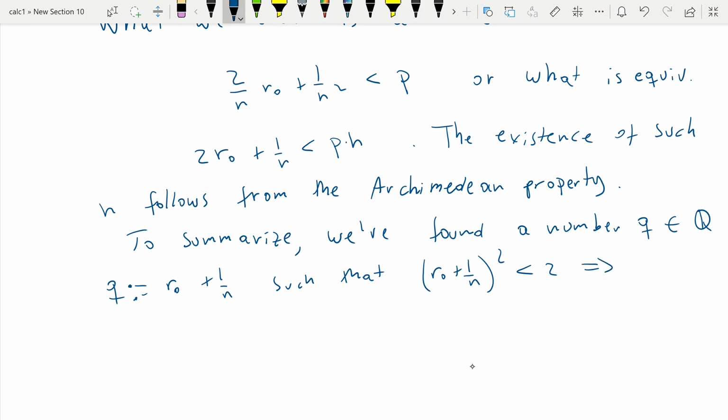This implies, of course, that r naught plus 1 over n is in A.